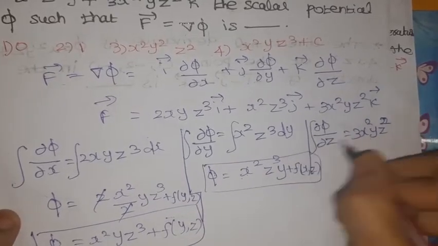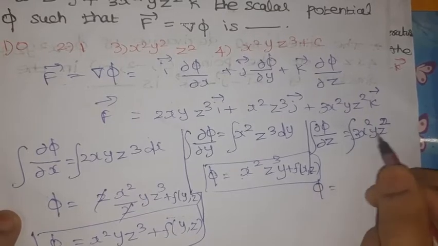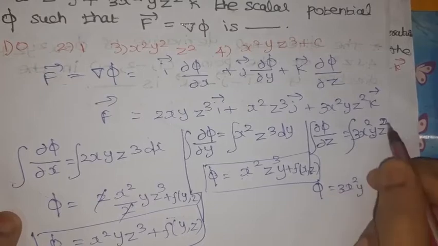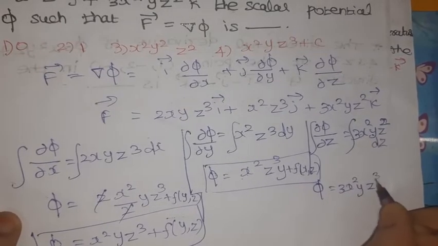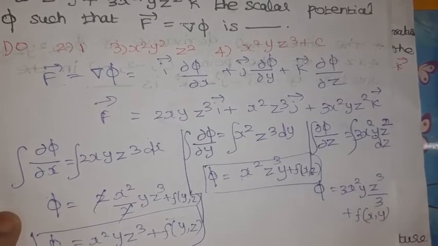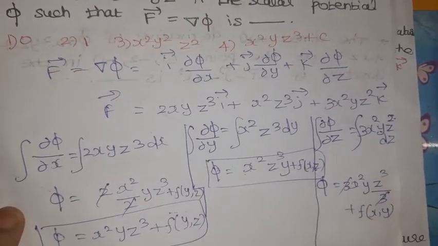From this equation, integrating with respect to z, taking x and y as constant: 3x squared y z squared, when integrating with respect to z, gives z cubed by 3 plus a function of x and y as constant. So 3 and 3 get cancelled. What is phi here?